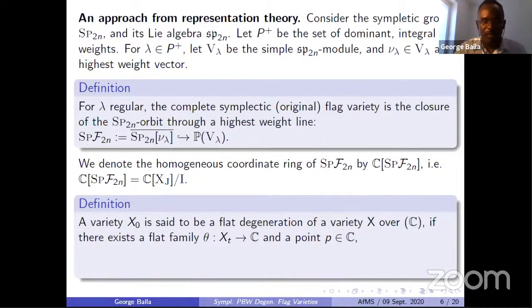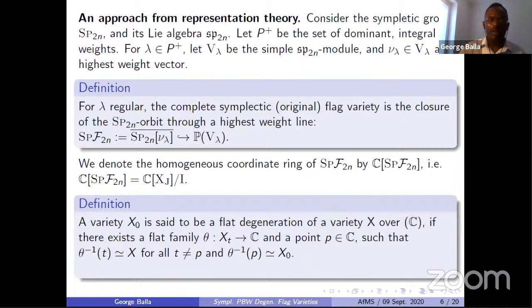So for our case, we want a flat family X_t to C and a point in the base, a point P in C, such that the fibers over this base for every t different from the special point P are isomorphic to our original variety X, while the fiber over P is isomorphic to X naught, which is the flat degeneration.